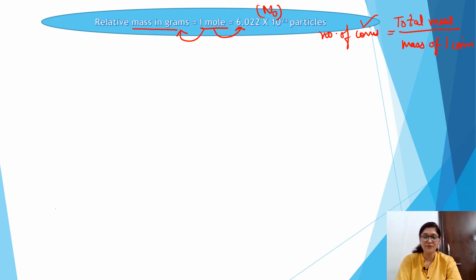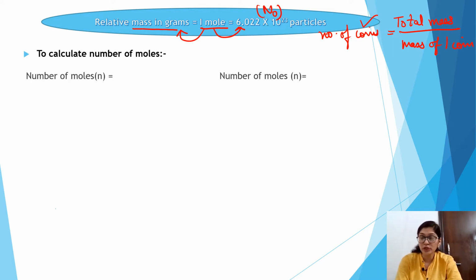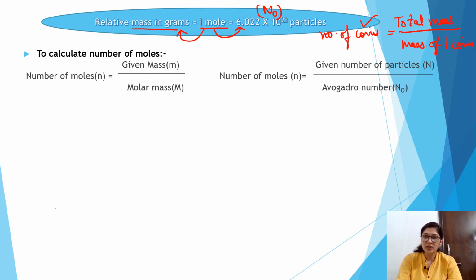In the same way, if you want to calculate the number of moles, what will you do? You have two options. Either you calculate by the mass method or by the particle method, because mole represents two things, right? So either you use the mass or you use the given number of particles.